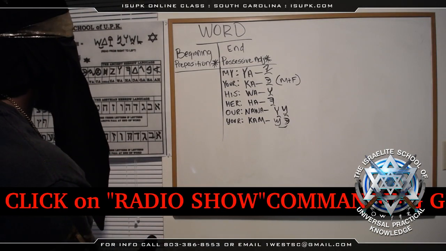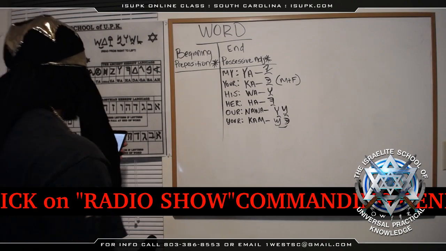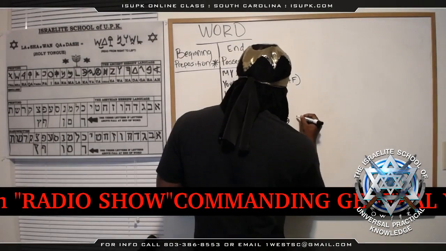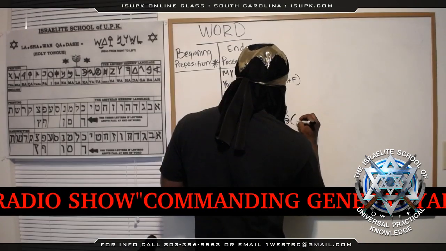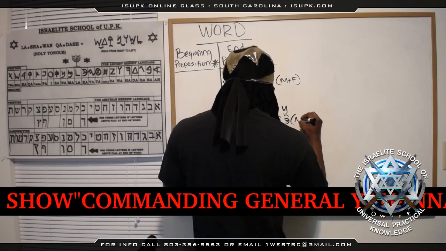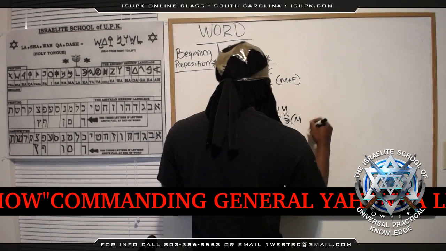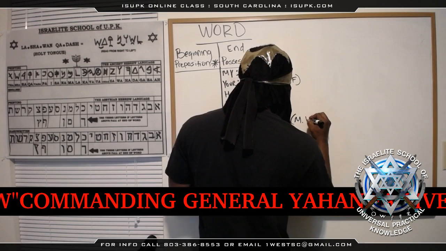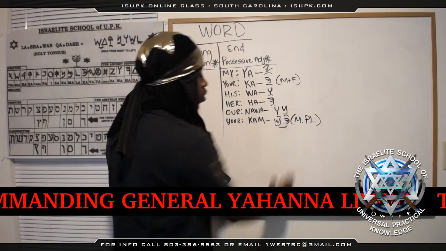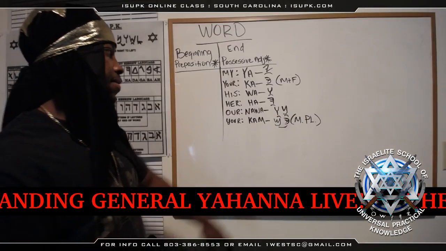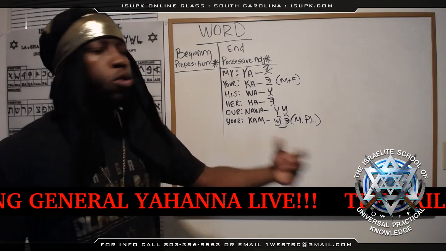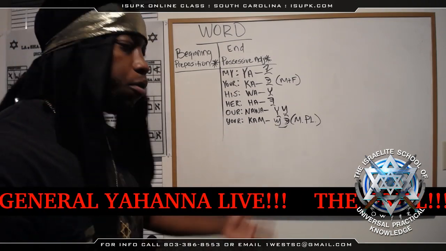Next we have your, which is, okay, let me write off to the side. This is masculine, but plural. You understand? Masculine, plural. When you say this your, kam, you're talking about multiple brothers, multiple men.